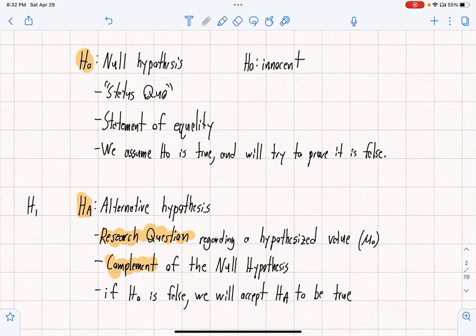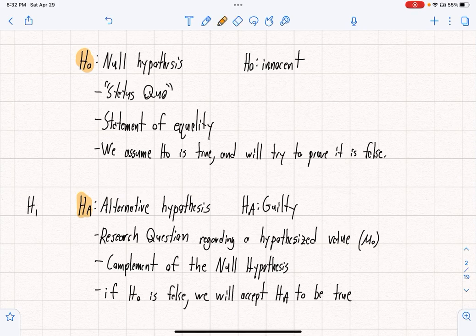So the complement, recall, is just the opposite of something. So if H naught is innocent, then HA is guilty. So the alternative hypothesis is the complement of the null hypothesis.